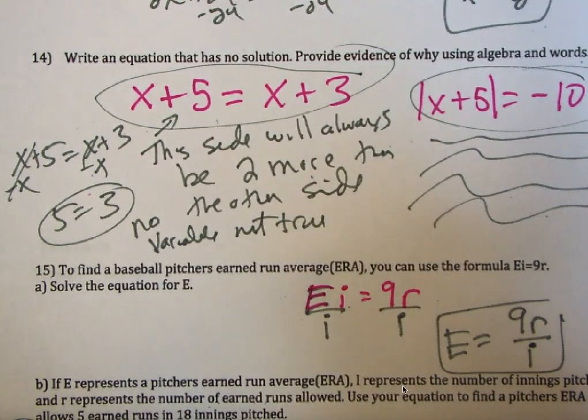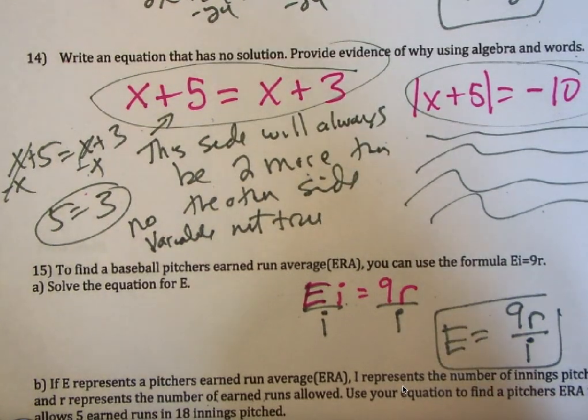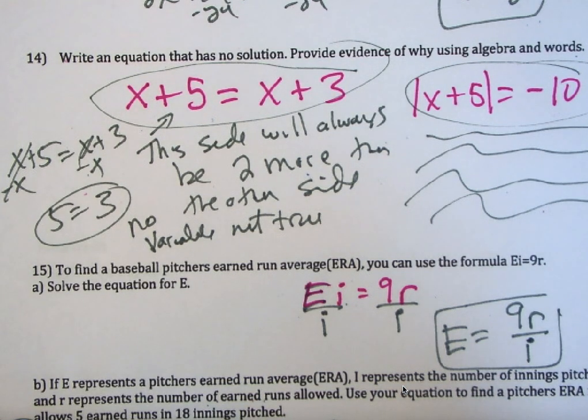So use your equation. We're going to use the one we made, 9R over I, to find out his ERA if he's had 18 innings pitched and 5 runs. So we get 9 times the number of runs, 5, over the innings pitched.